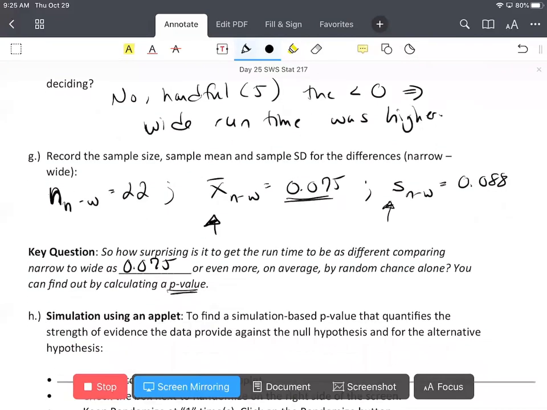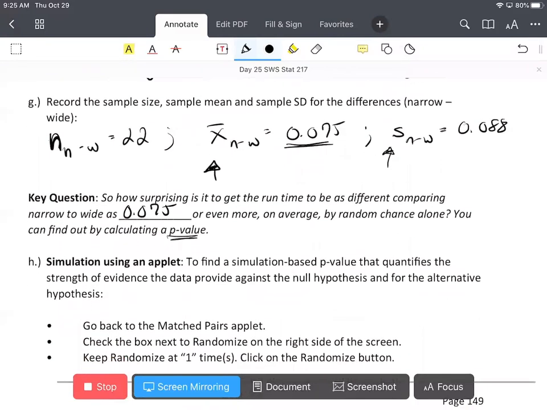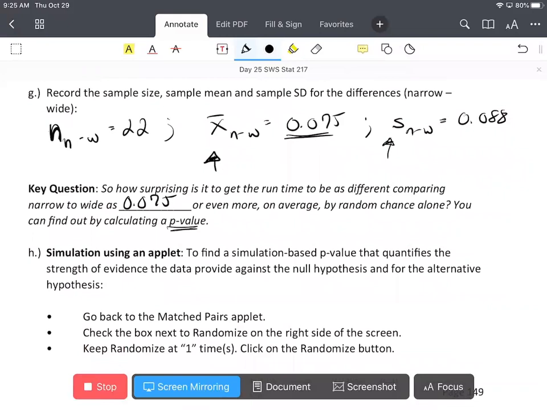Now, it's much easier than, can you imagine trying to do that when we looked at it yesterday by hand, doing it 1,000 times to get a decent number in our null distribution? It would take forever. So to find a simulation-based p-value using the applet that quantifies the strength of evidence, remember when we're looking at the p-value, we're looking at how unusual is our observation from our statistic, from our study.